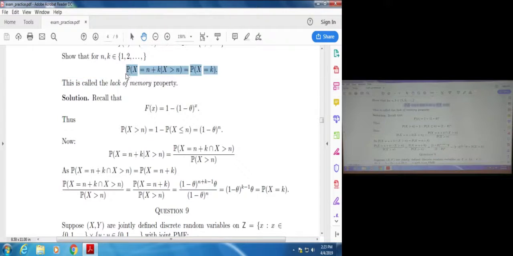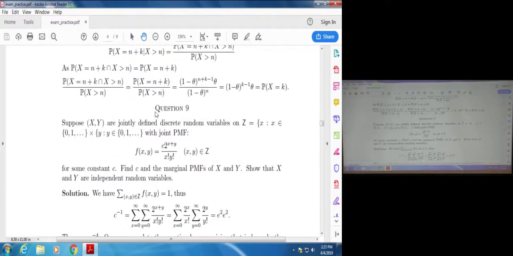That's it. It's just about understanding what the geometric PMF is, knowing how to calculate the CDF, and then substituting into the conditional probability formula.